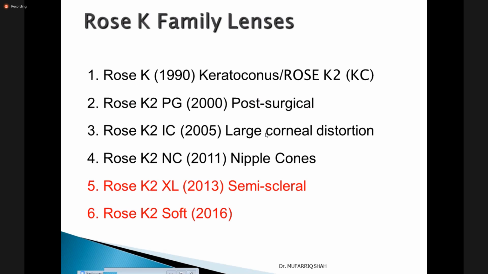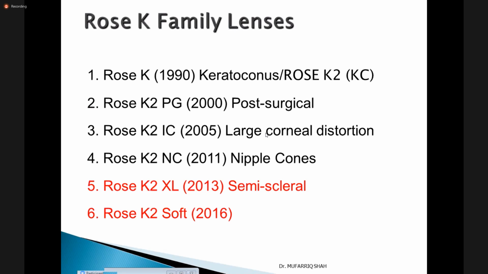After penetrating keratoplasty or post-graft, or any corneal surgical procedure, we prescribe these Rose K2 post-graft lenses. These were developed in 2000. And Rose K2 IC means irregular cornea. If the corneal distortion is larger, we usually prescribe Rose K2 IC lenses. These were developed in 2005.